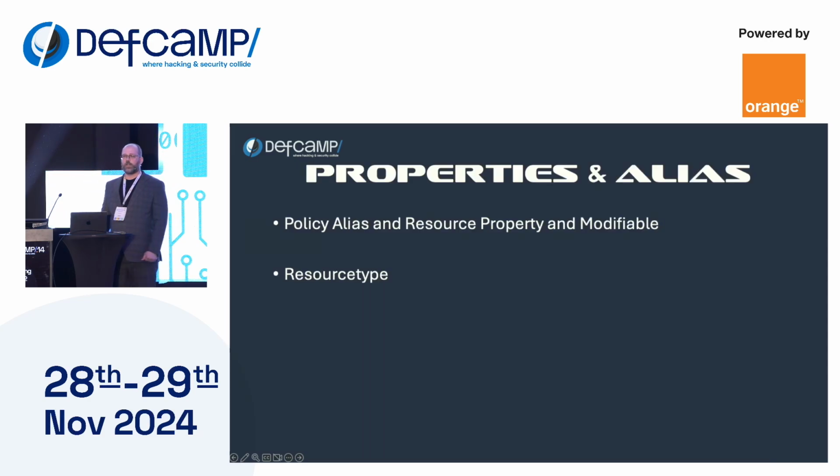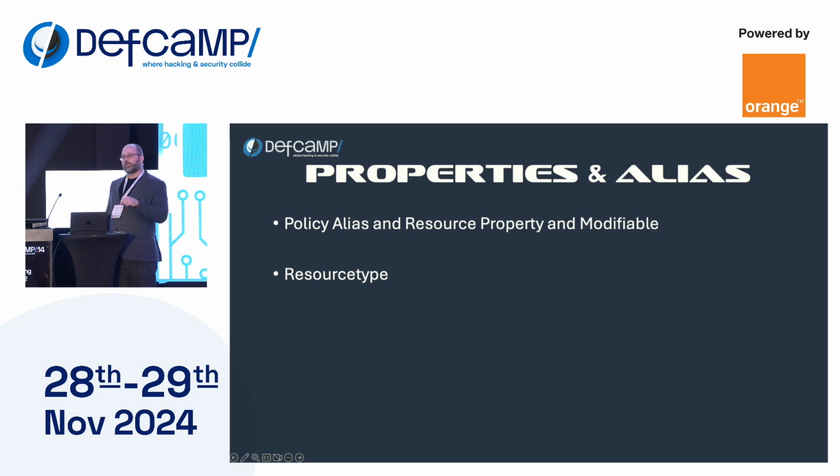So how can you write this policy? What do you need to do this? So you will need a resource type, which is a storage account or virtual machine. And these resource types or resources have properties like encryption, or whether the storage account has HTTPS forced or not, and so on.